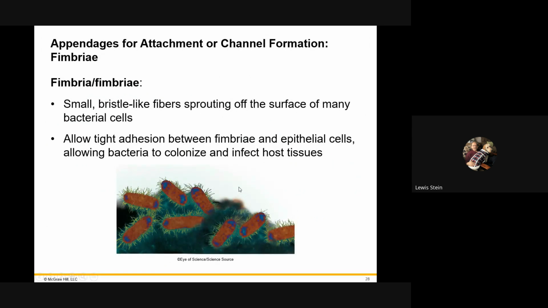And then we have the other projections, the fimbriae, little bristles, like I said, ones that get in your sweater. These would be like on gastrointestinal cells. And really, their little spikes are what attach to certain receptor sites on sensitive cells.